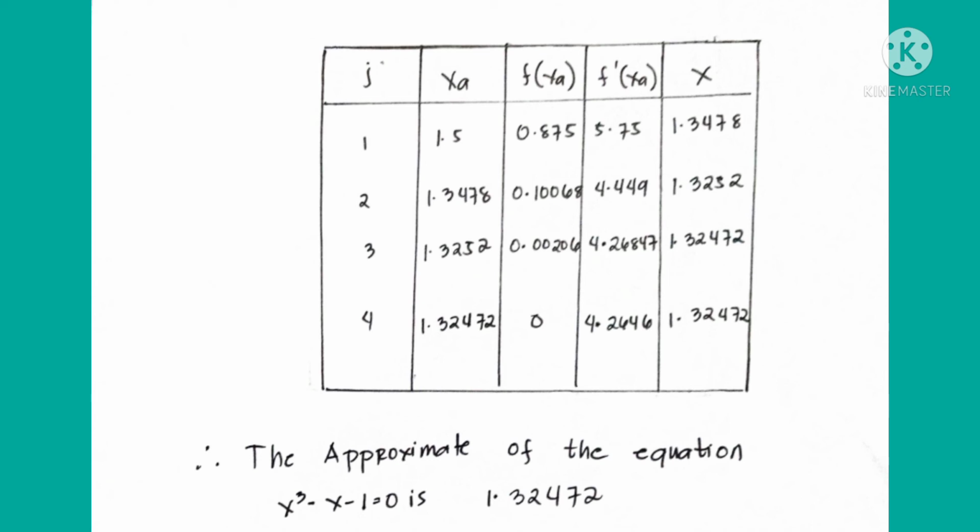Now we are going to stop here because the two successive iterations are repeated, which is 1.32472. So therefore the approximate root of the equation x cubed minus x minus 1 equals 0 is 1.32472. That's all for the Newton-Raphson method.